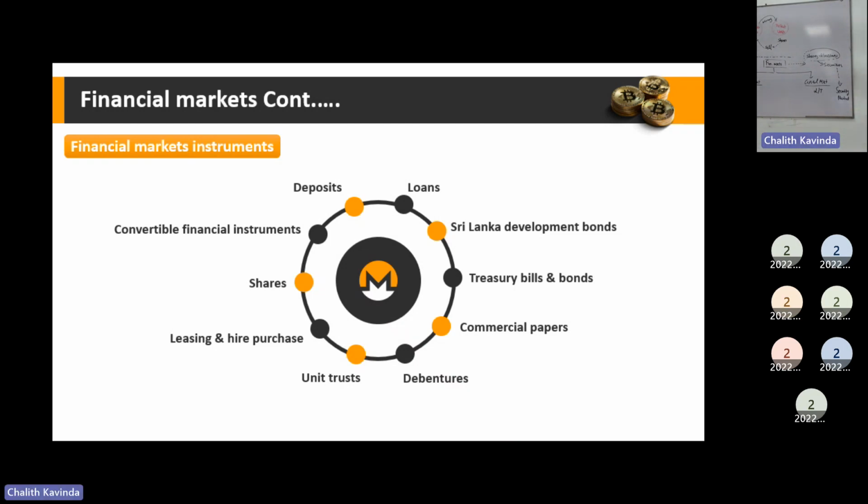These are the things you know up to now, I believe: leasing, hire purchase, shares. What do you mean by convertible financial instruments? If debt capital can be transferred into equity capital. At the time of issuing debentures, the company and the debenture holder can come up with an agreement.